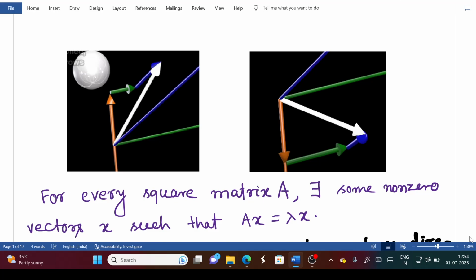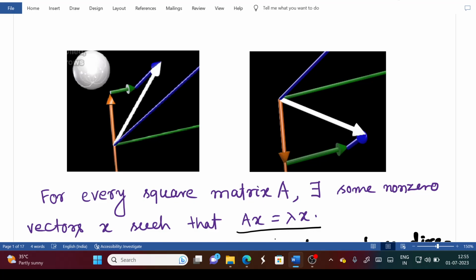out of which the vectors which remain a scalar multiple of themselves, that is before transformation the input is x and the output is lambda x, a scalar multiple of x. If lambda is positive, it is a vector parallel to x in the same direction, or if lambda is negative, then the vector is anti-parallel to x.